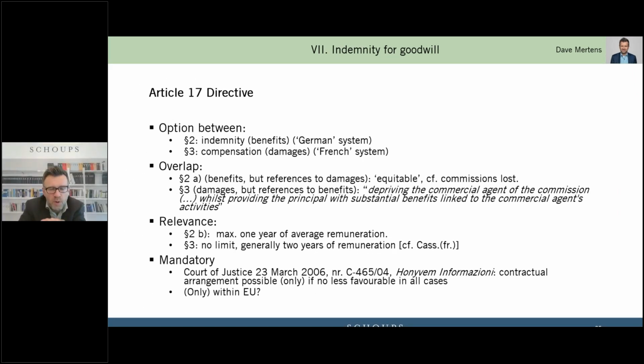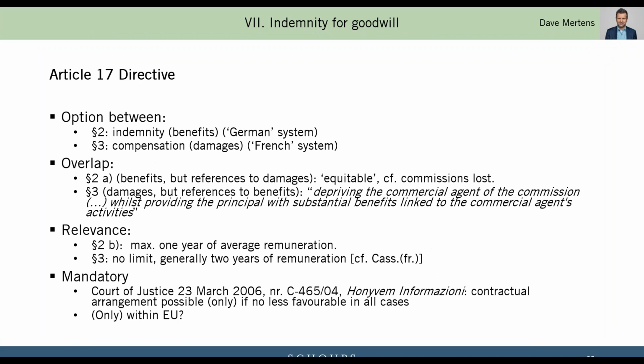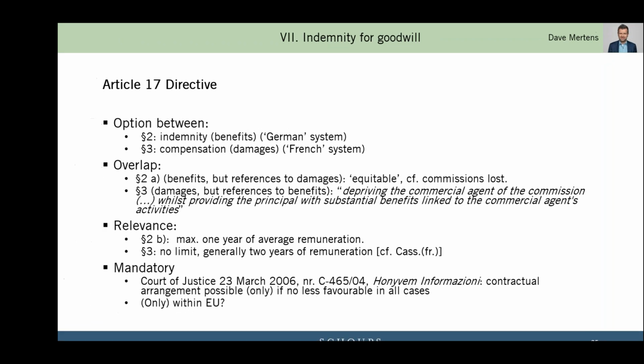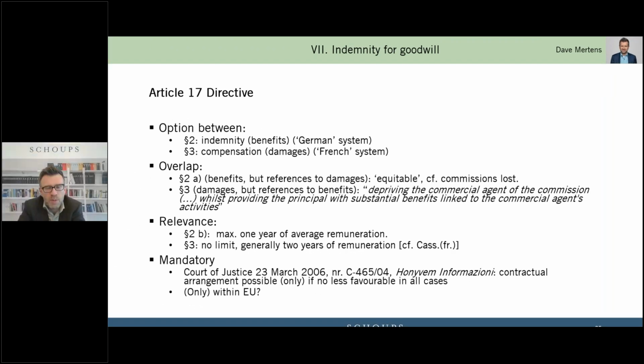There's a bit of an overlap there. Obviously, the loss of the advantages for the principal after termination are also the loss of the agent to some extent, and the loss is also linked to the benefits that will continue to go to the principal after termination. The two overlap, but there is, from a conceptual point of view, a substantial difference, and more importantly, the amount.